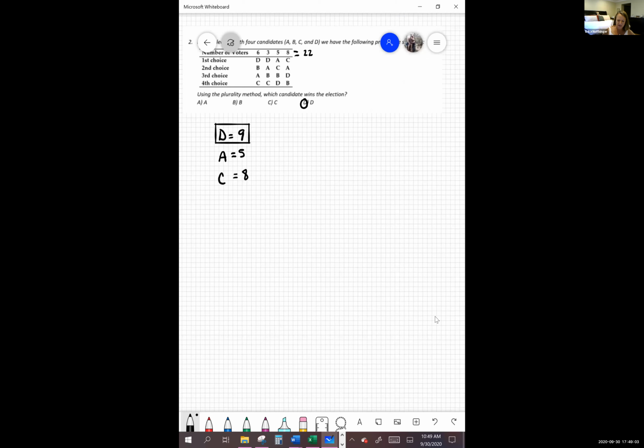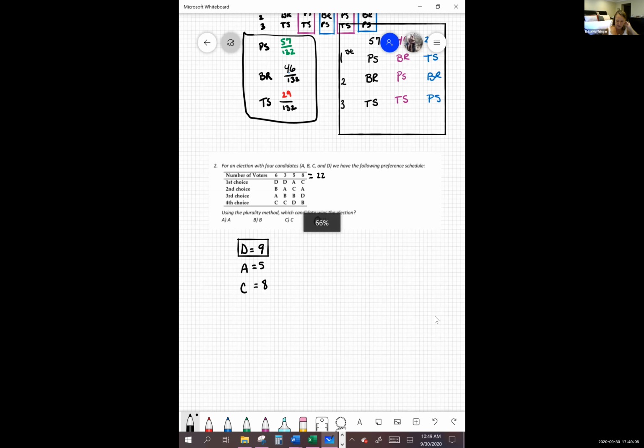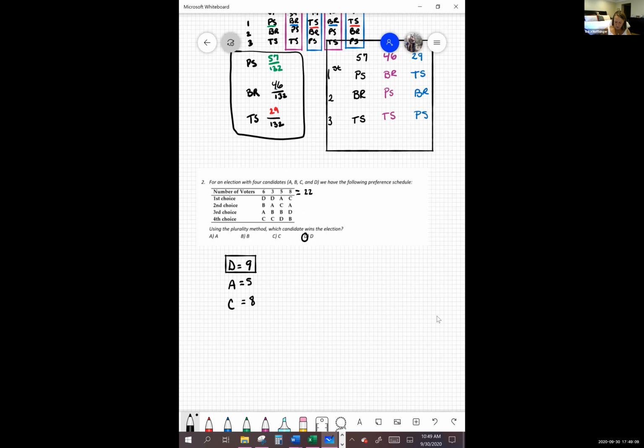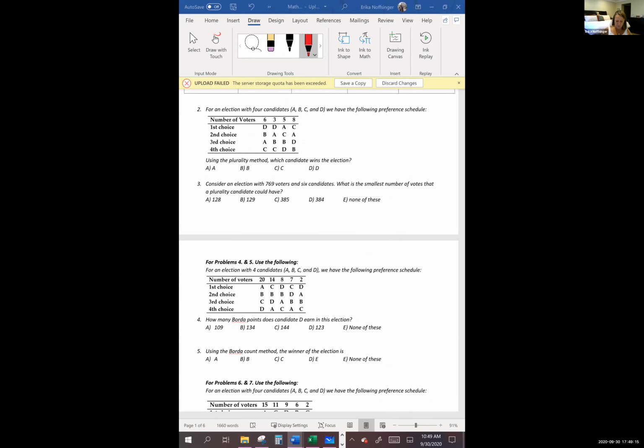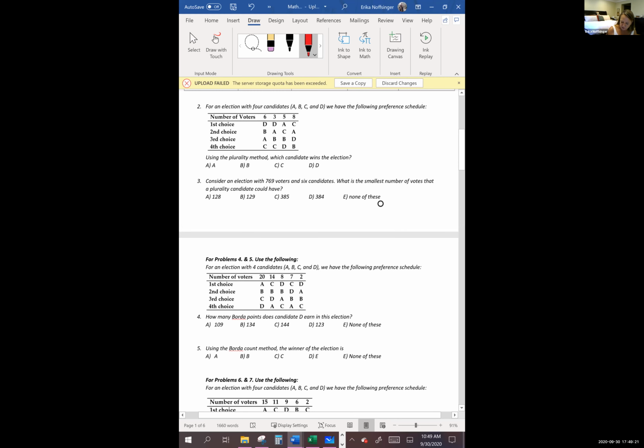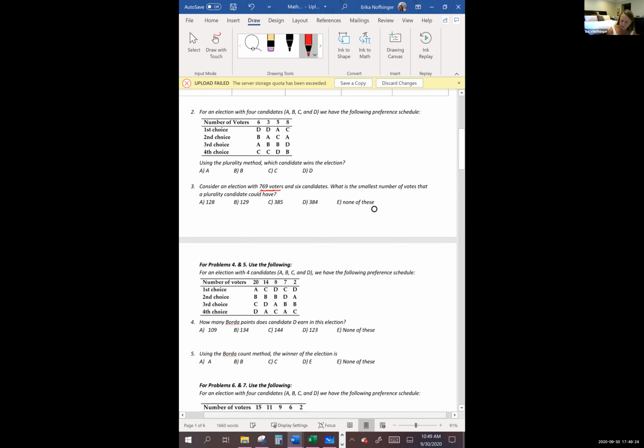Okay, the next one, let me just pull it from here. The next one basically, and I'm not going to pull this one, said you had 769 voters and there were 6 candidates. So what is the smallest number of votes for the plurality method a winner could have? Well, if there's 6 candidates, the winner would have to have the most of any other person to be the winner.